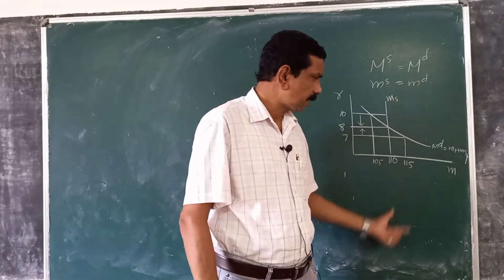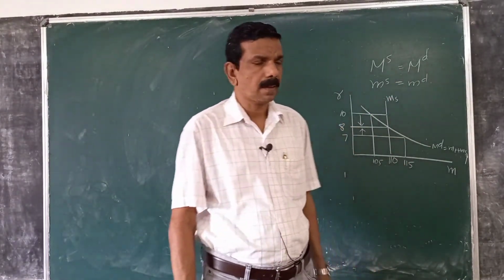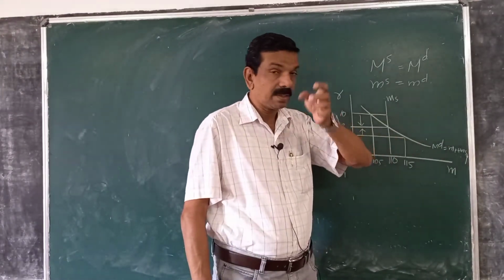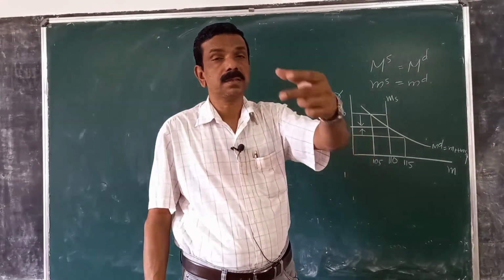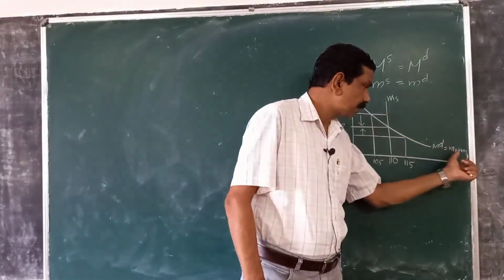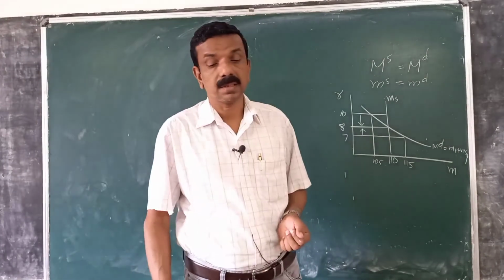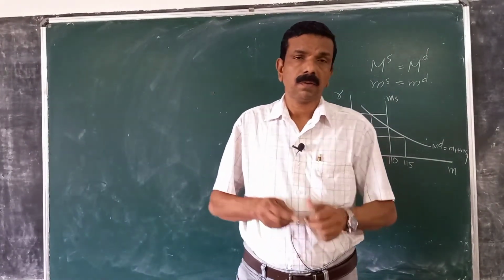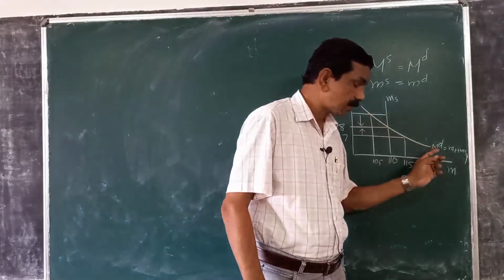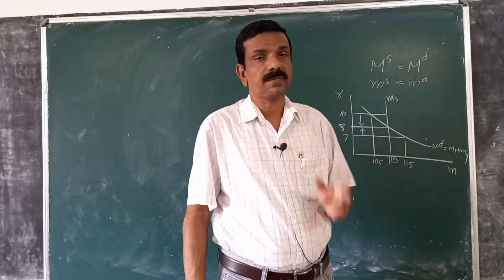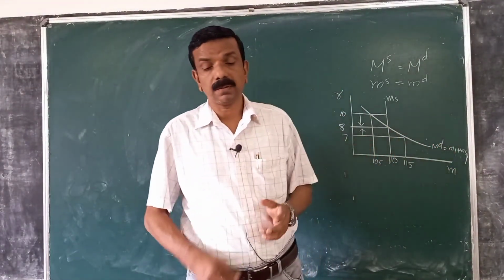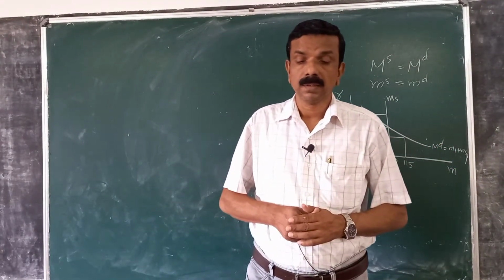So, assuming that prices are held constant, money supply will increase or decrease when the central bank of the country increases or decreases money supply. The money demand schedule is also affected if there is an increase or a decrease in the level of income, because this money demand schedule is drawn for a particular level of income. And also if the speculative demand for money changes.